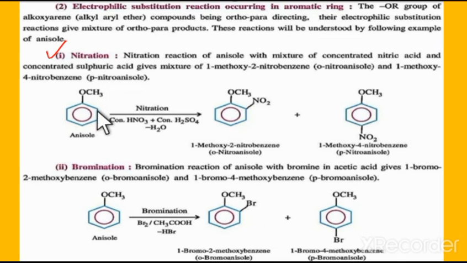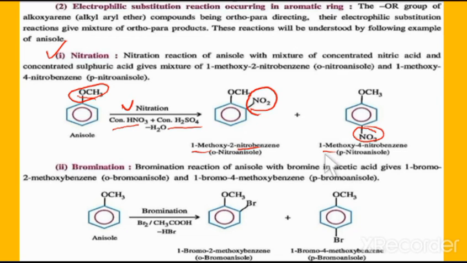In the electrophilic substitution reactions, the first one is nitration. Anisole, that is a benzene ring with a methoxy group, is also known as methoxybenzene. When anisole is treated with the nitrating mixture, concentrated nitric acid and concentrated sulfuric acid, the nitro group is obtained on the ortho as well as the para position, that is 1-methoxy 2-nitrobenzene and 1-methoxy 4-nitrobenzene.